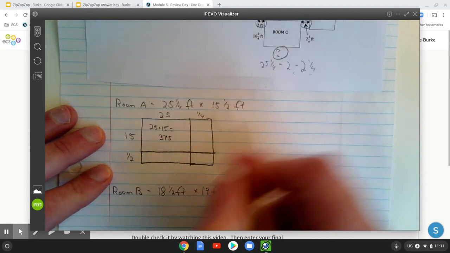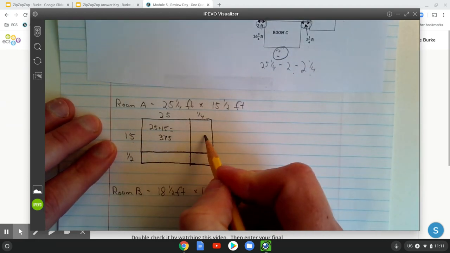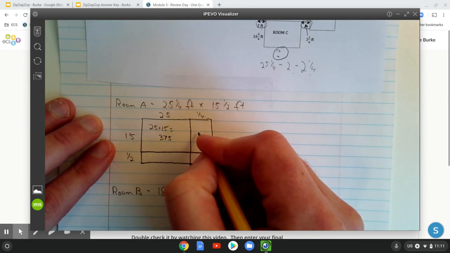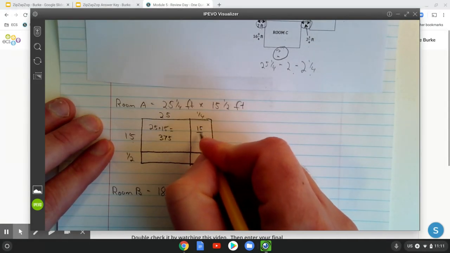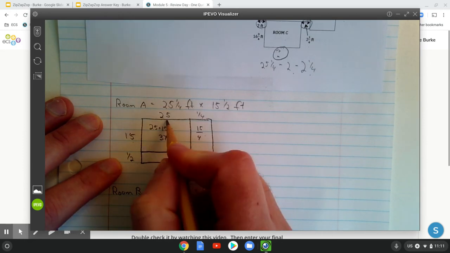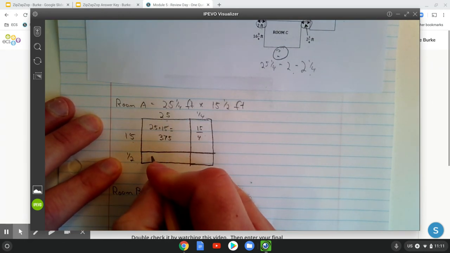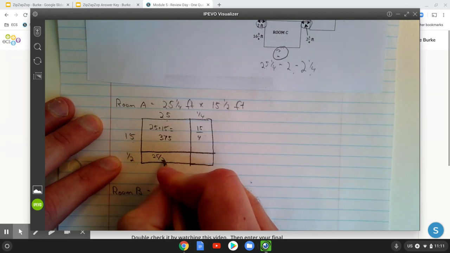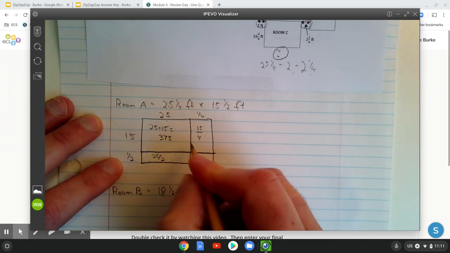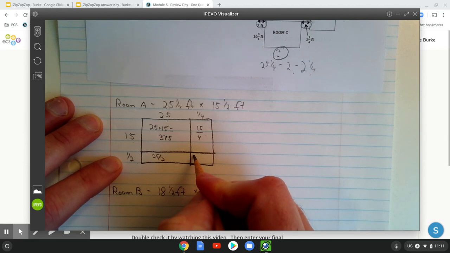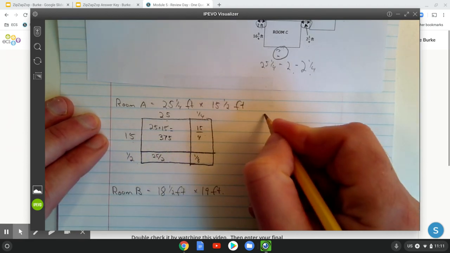You could do that off to the side. 15 times a quarter is 15 fourths. One half times 25 is 25 over 2. And 1/2 times 1/4 would be 1/8.